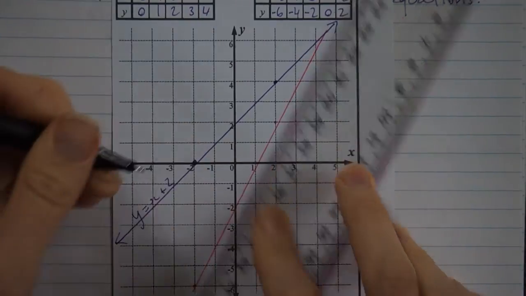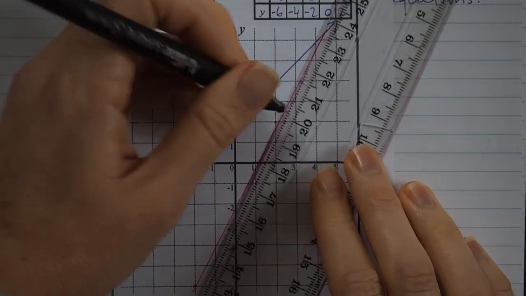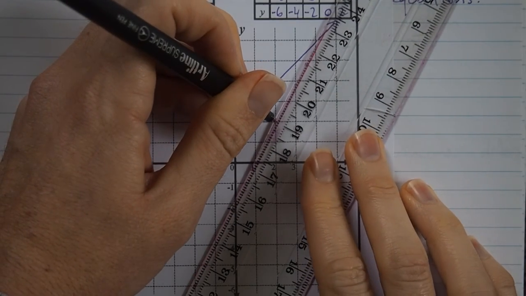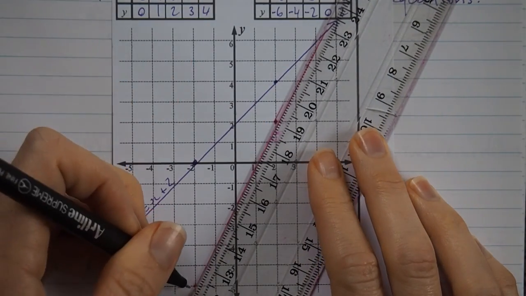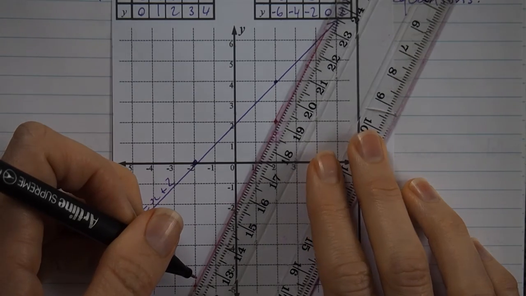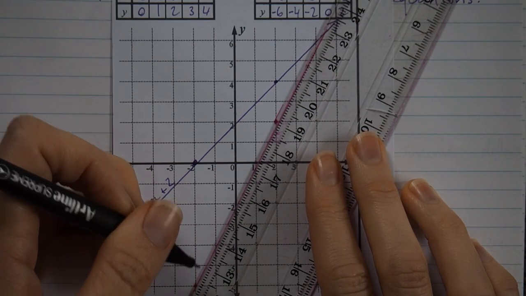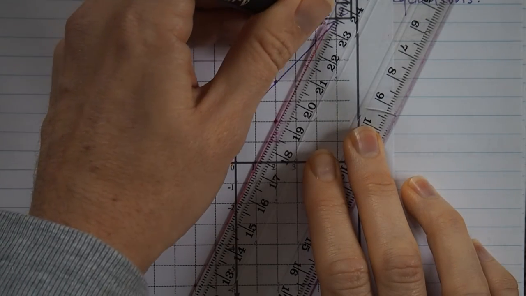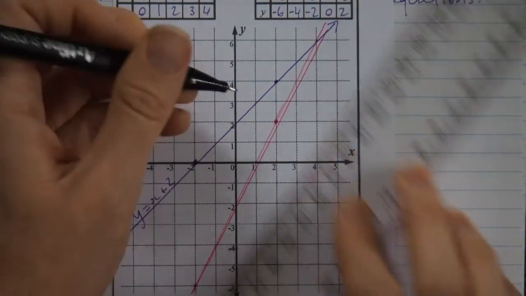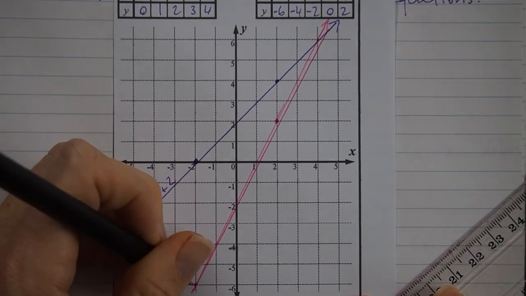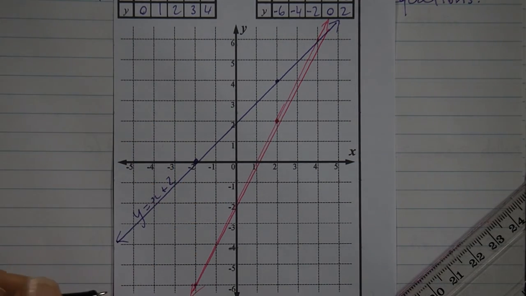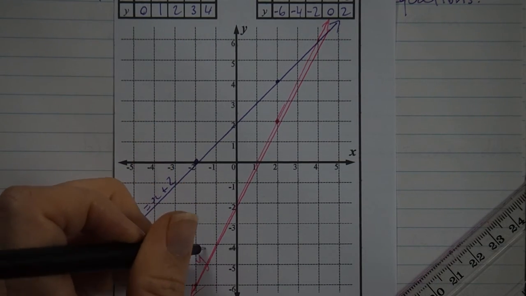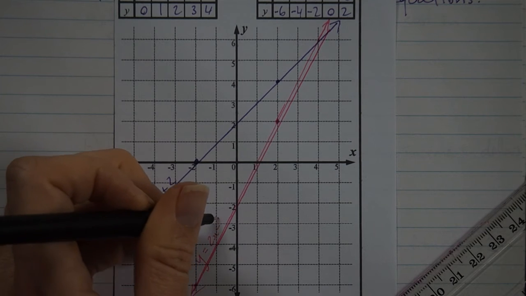Oh, I missed it. My suggestion: use a ruler that doesn't have gaps in it. That's better. There are my arrows on the ends. The name of that equation is y equals 2x minus 2.